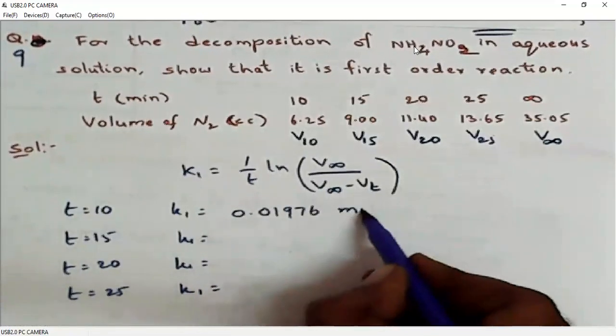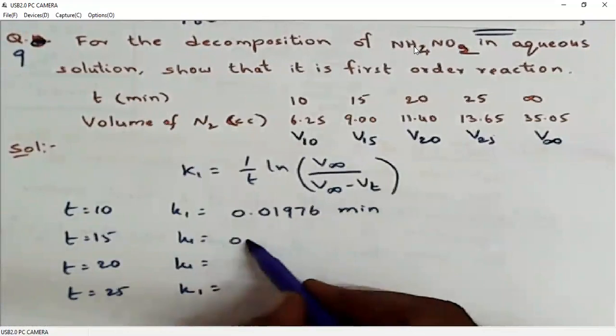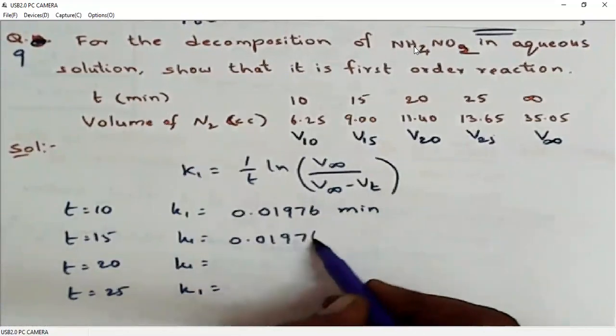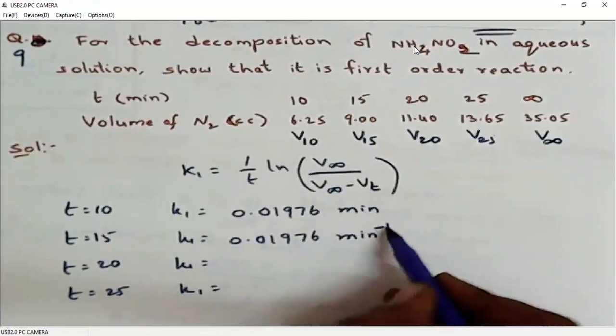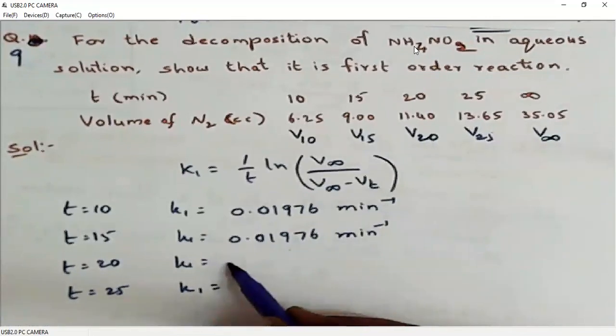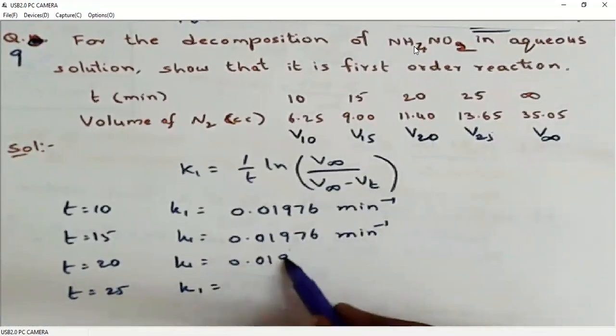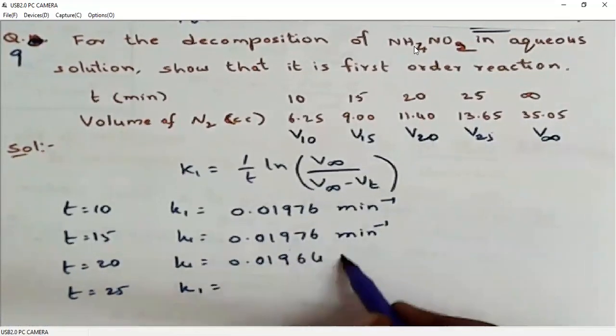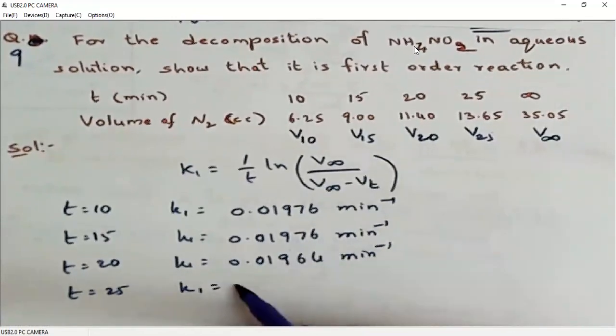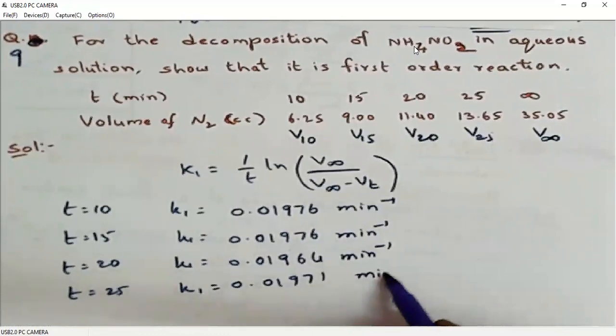0.01976. You practice this, okay? 0.01976 minute inverse. K1 equal to 0.01964 minute inverse, 0.01971 minute inverse.